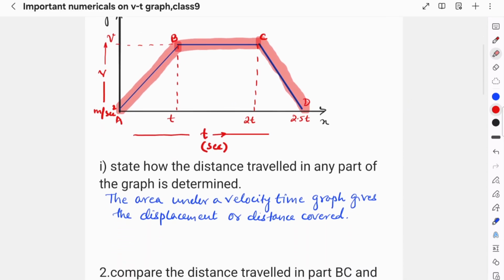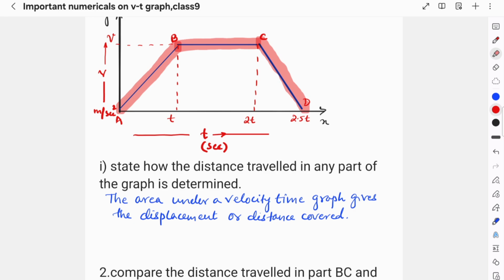So the first question is, state how the distance traveled in any part of the graph is determined. So in case of velocity time graph, the distance traveled is determined by the area under the velocity time graph.